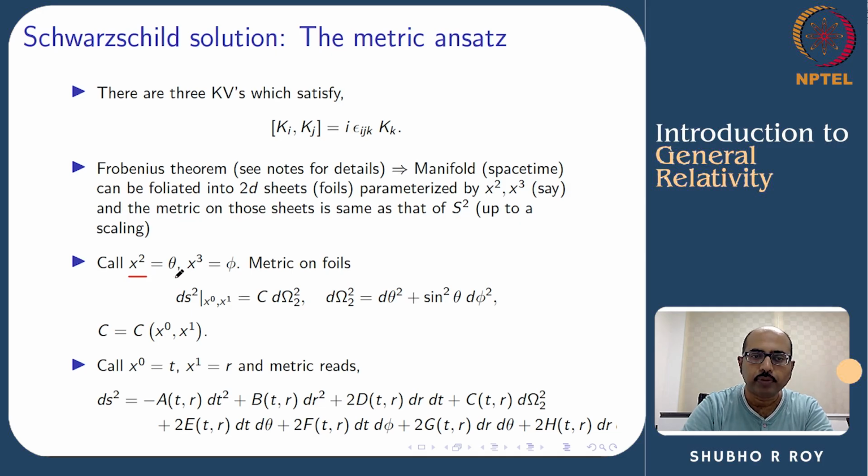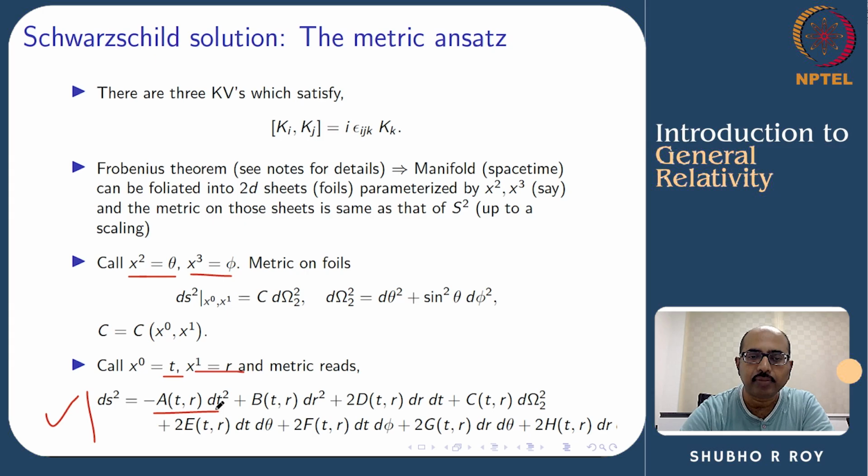Here x2 I was calling theta, and x3 I'll call phi because they parameterize the sphere, so it's natural to take the colatitude and the longitude. And x0 I will call t, and x1 I will call r. In terms of this, I can write the most general possible metric, which is not very pleasant to look at, so it has many terms. Some terms you can instantly recognize.